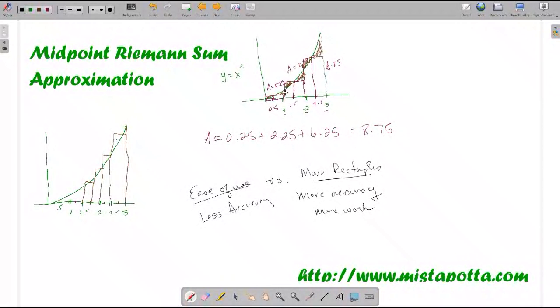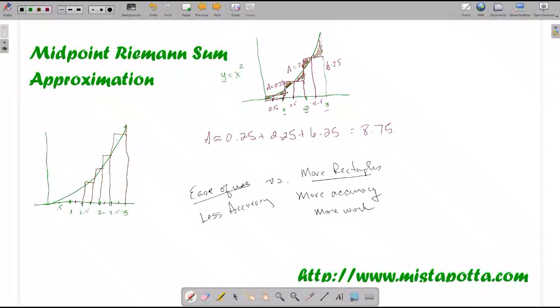Maybe a right Riemann sum would be the best choice. Maybe a midpoint Riemann sum would be the best choice. There are lots of different things that I could use here, and they each have their advantages and disadvantages.